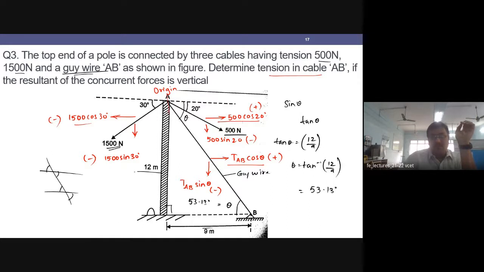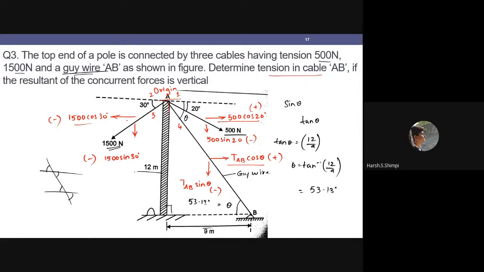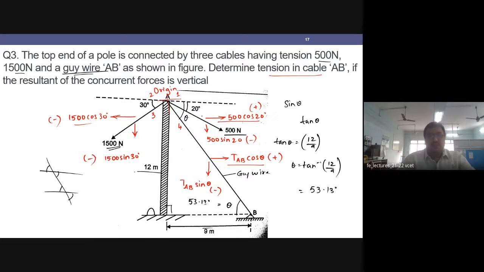With respect to point A, this becomes my first quadrant, this becomes the second quadrant, this becomes the third quadrant, and this becomes the fourth quadrant. In the third quadrant, both X and Y values are negative. In the fourth quadrant, X is positive and Y is negative.